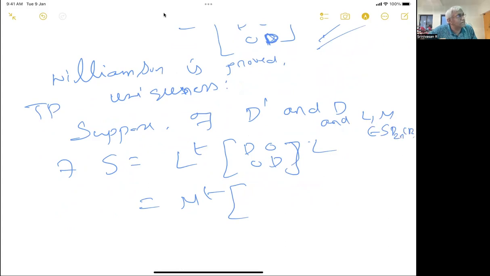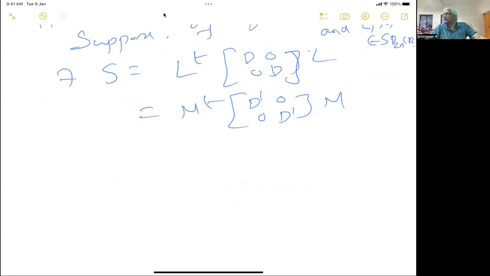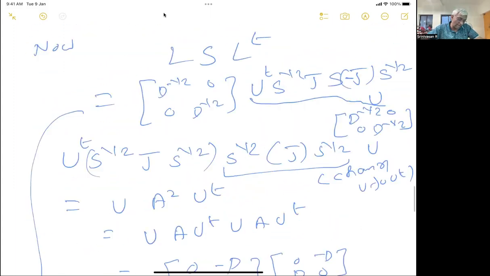We have two symplectic matrices L and M and two double diagonal matrices D prime and D, such that D prime 0, 0, D prime M. These two are equal. Okay, then lemma.